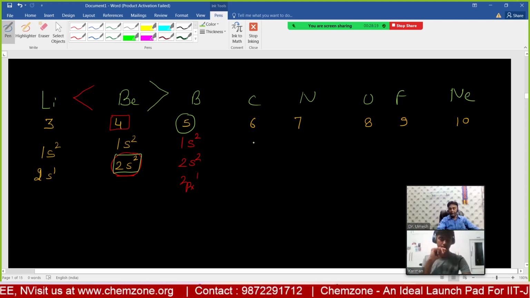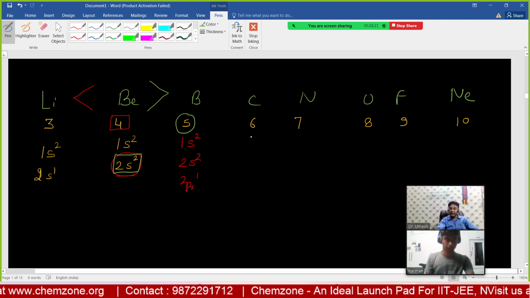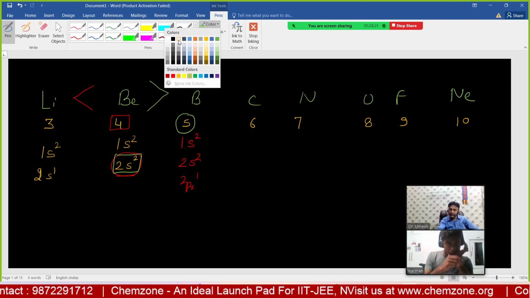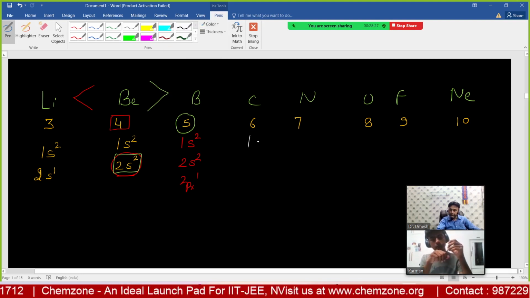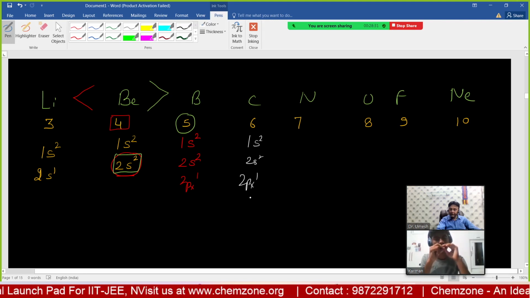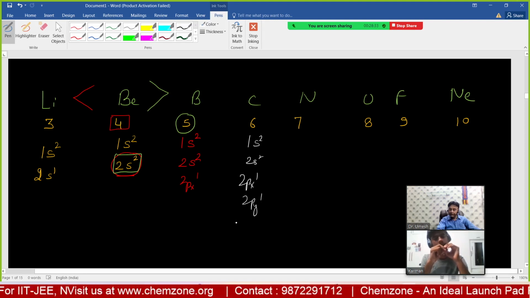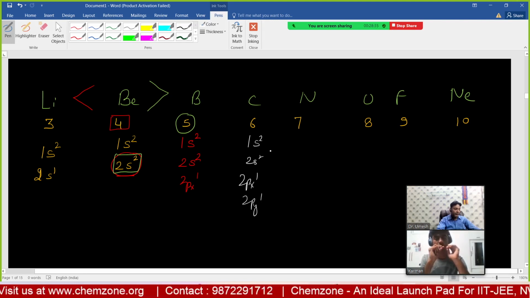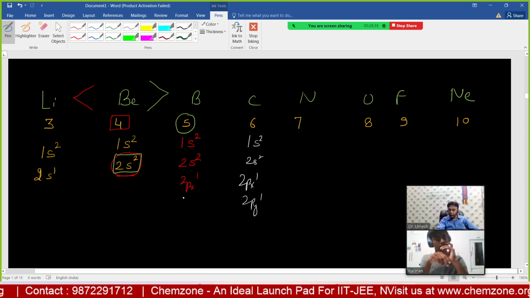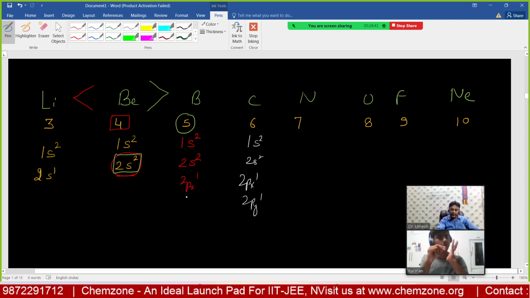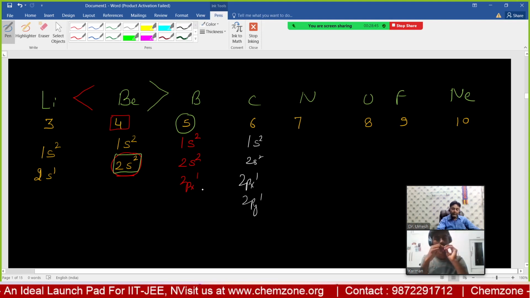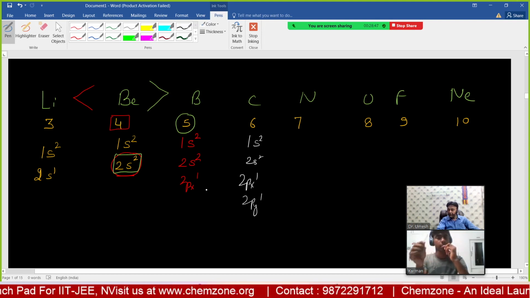Now we see the carbon here. Write the electronic configuration. I can write 2s2, 2p2, I can say 2px1 and 2py1. Is it completely filled, half filled, or incompletely filled? Incompletely. What about boron? Incompletely filled. I can say boron and carbon both are incompletely filled.